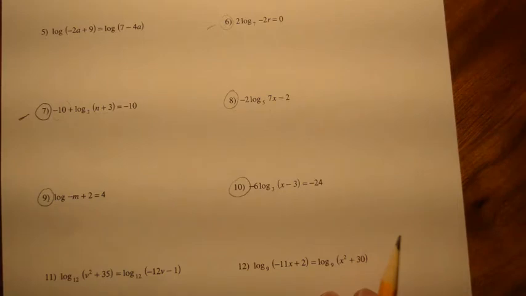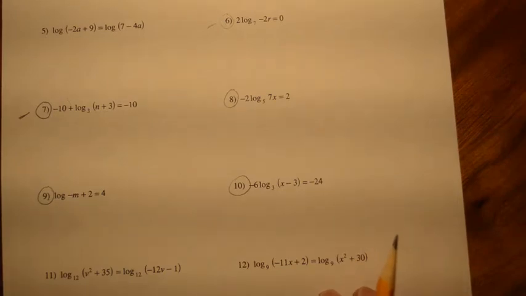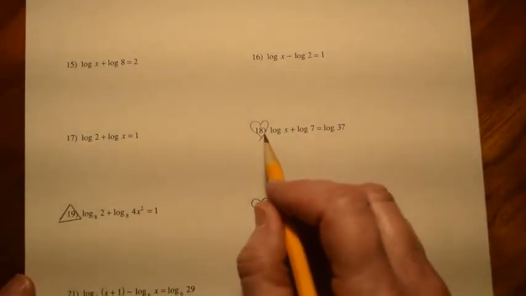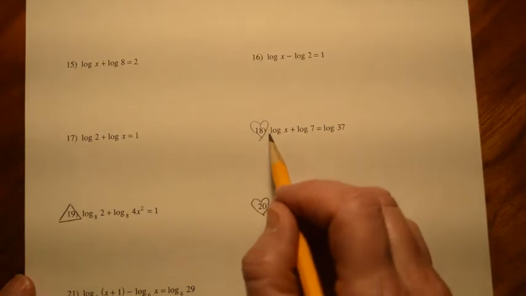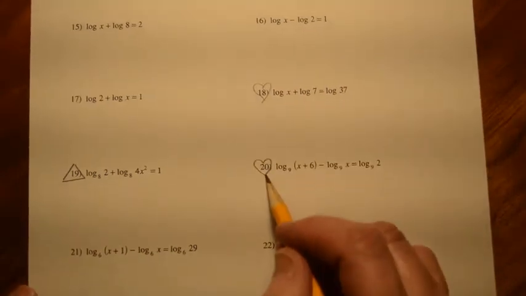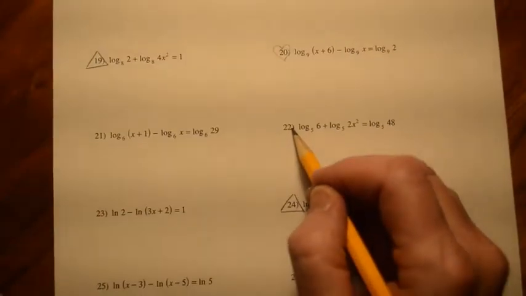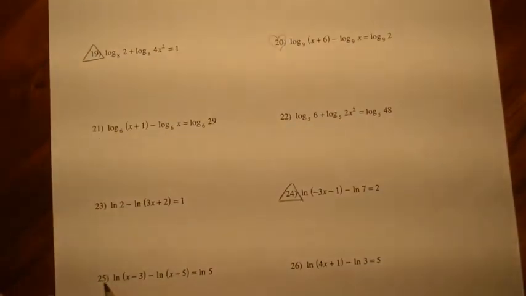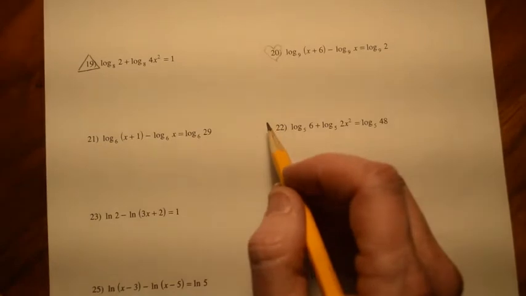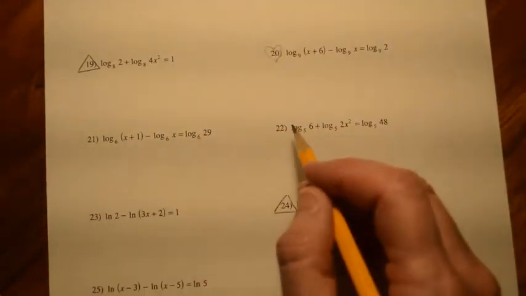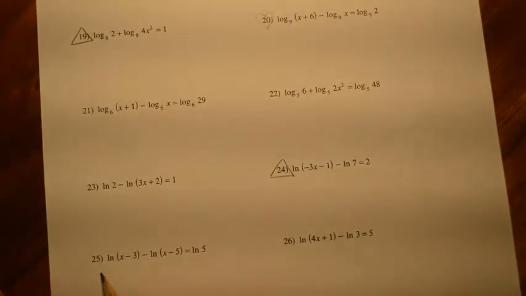The next ones that I would like you to do are all on the back, so let's flip over here. It's going to be problems 18. I want you to put a heart around these: 18, 20, 21, 22, and 25. Put a heart around 18, 20, 21, 22, and 25.